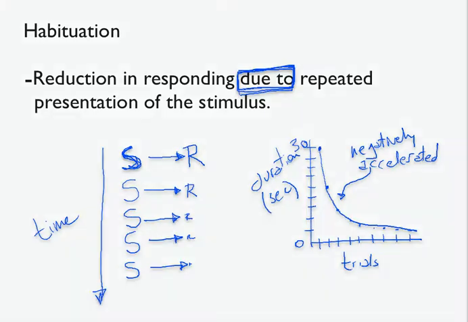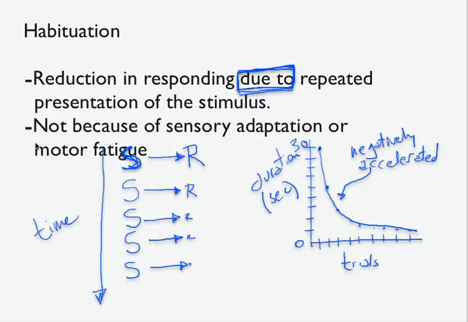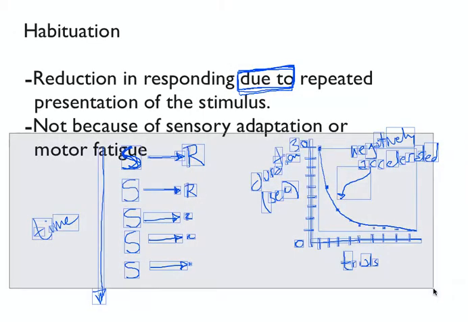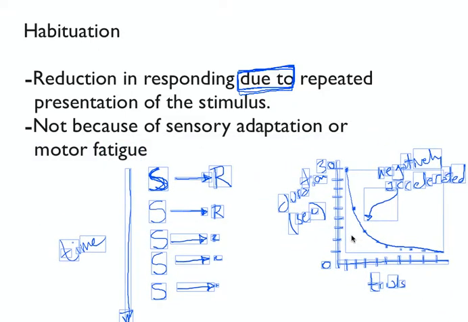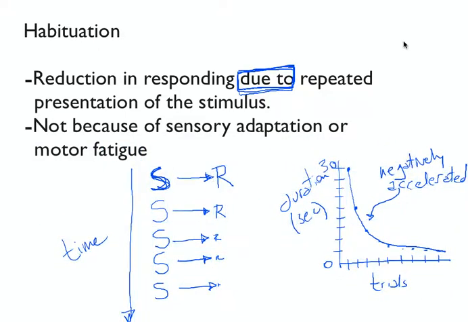Moreover, let me erase this part. You don't need it now. Let me move it out of the way rather. This reduction in responding is not due to sensory adaptation or motor fatigue. What do I mean by that?